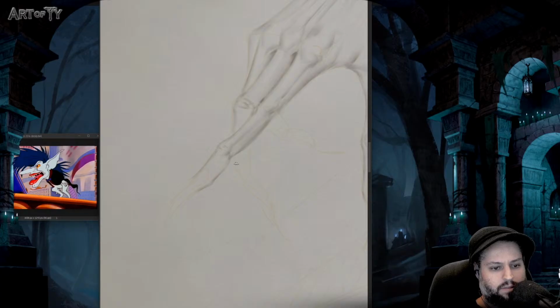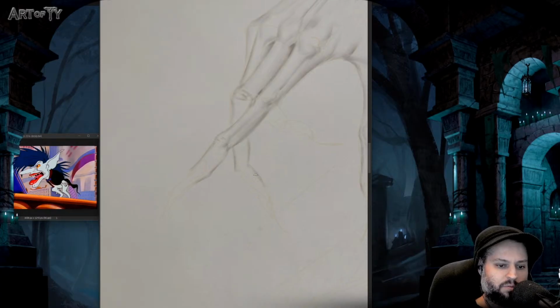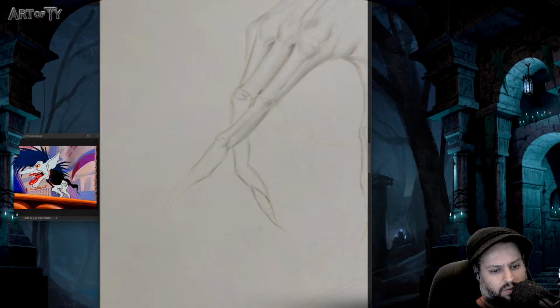The hands of a character are the second most expressive part next to the face, right? So if you're feeling like you're spending a long time on the hands, that's good. You probably should. They deserve that attention.